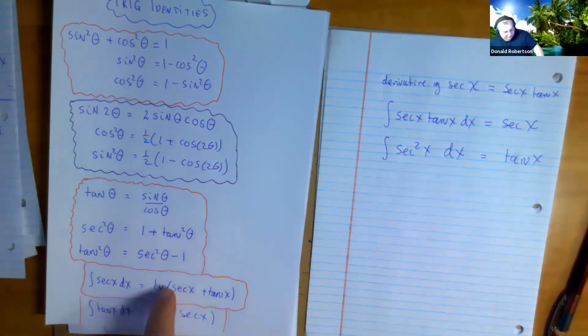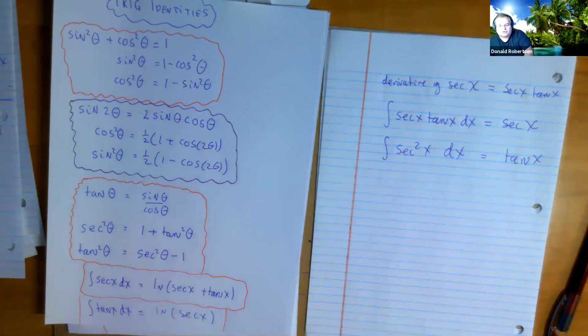Now, the reason I'm doing these two guys and these two guys is that we're about to start looking at integrals that have tans in them and secants now. We've kind of covered sines and cosines in all their flavors, and we did a little bit of sines and tans or sines and secants. And now we're going to focus on what do you do when it's only secants and tans?